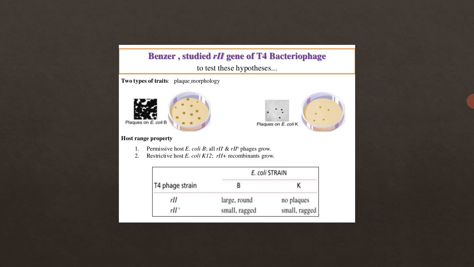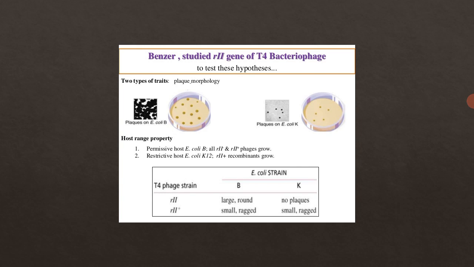Now what he did: as we discussed, what will a virus give on the plate? It will give plaques, not colonies. It will give clearance zones. You can see in these two Petri plates the plaques on E. coli B strain and the plaques on E. coli K strain.